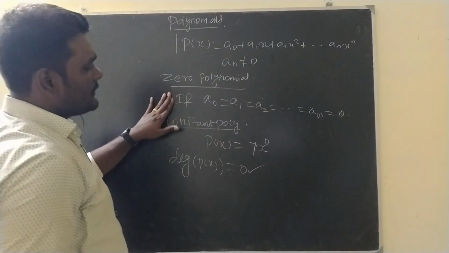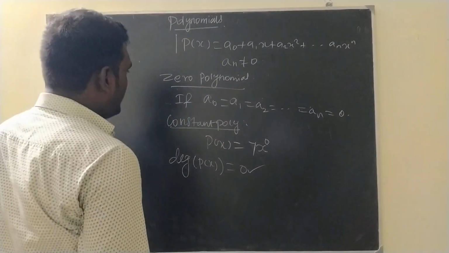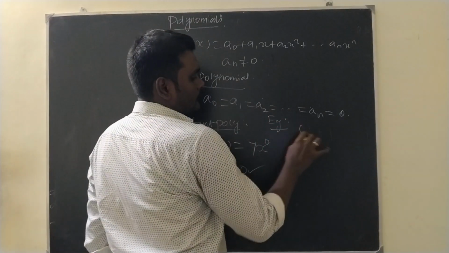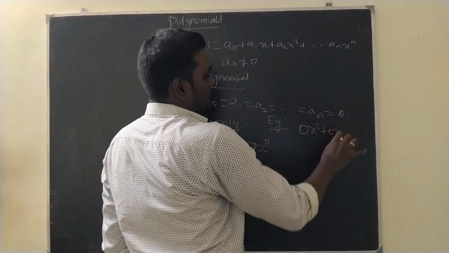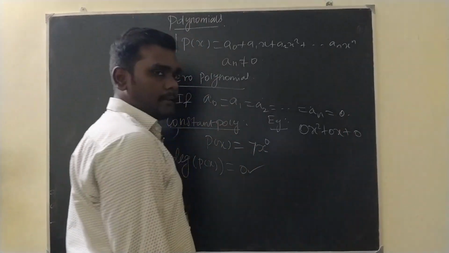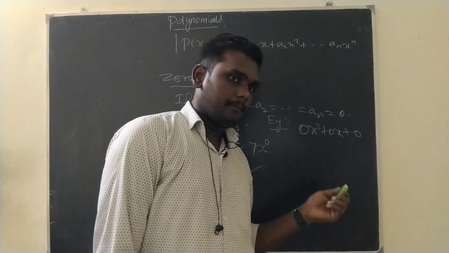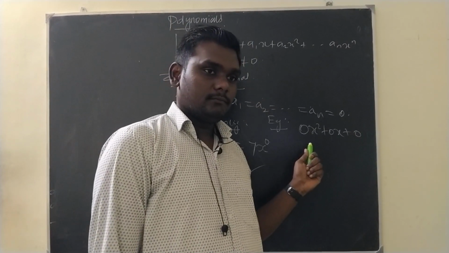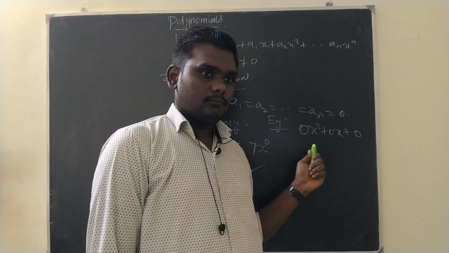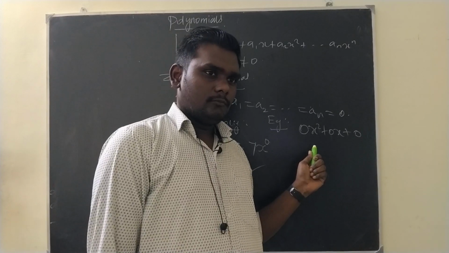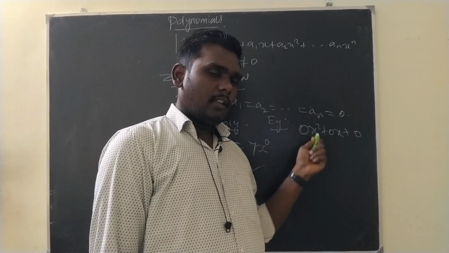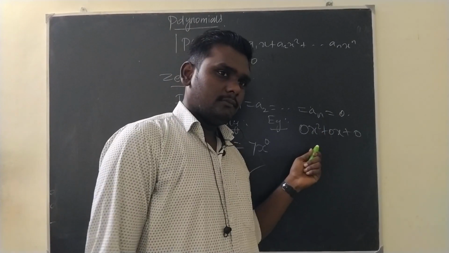If all the coefficients are 0, what would our polynomial be like? 0x square, 0x plus 0, like we will write. Okay. Now what is the degree of this zero polynomial? No man, see leading coefficient. X square is the highest power.